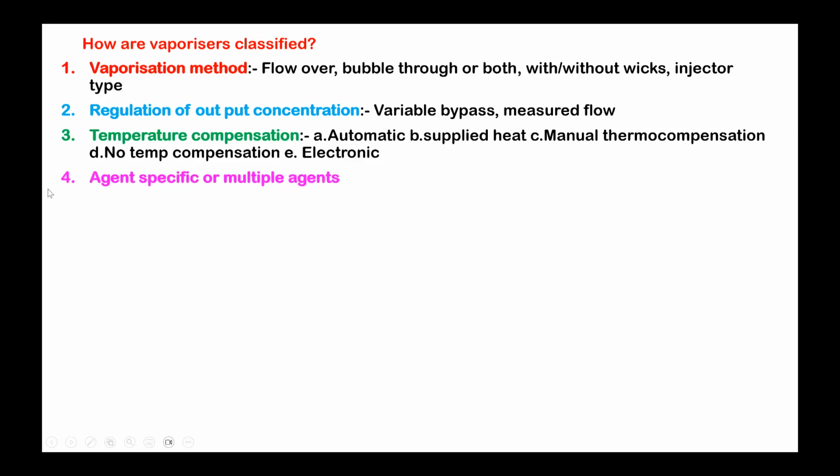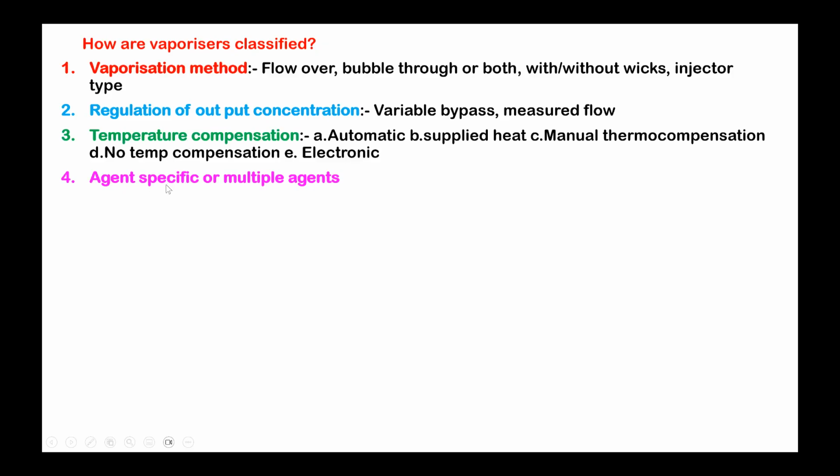And then agent specific or multiple agents. So in the older machines, you can pour ether into the ether bottle or into the trilene bottle and also use it. Whereas here, if you are using sevoflurane, you have to use only sevoflurane in that vaporizer.